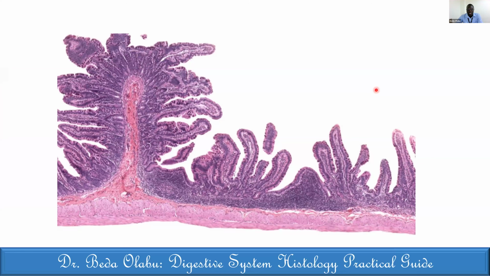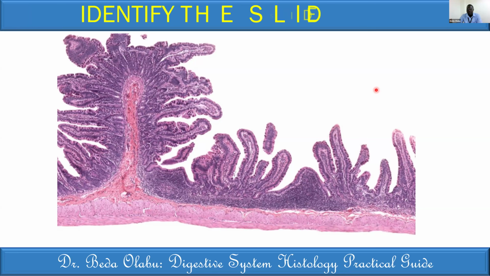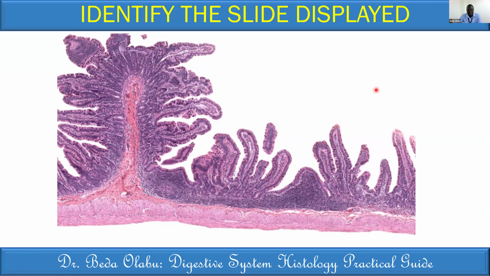Okay, so this is a longitudinal profile of a segment of the GIT. Anyone to try? Okay, I'll give it to Anton. This is the ileum. Okay. Reason?